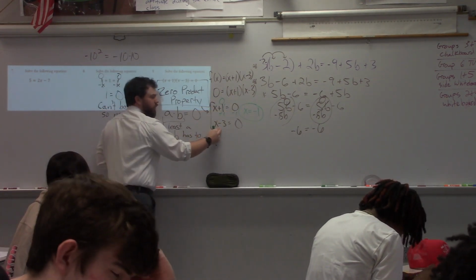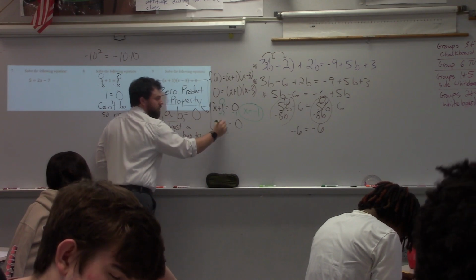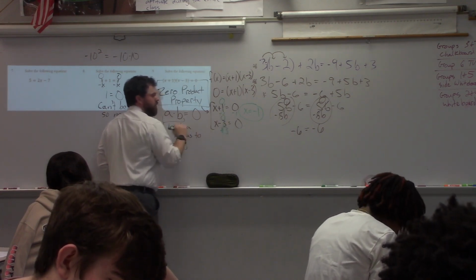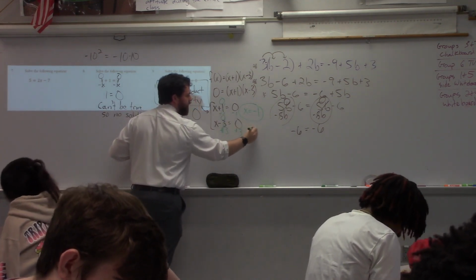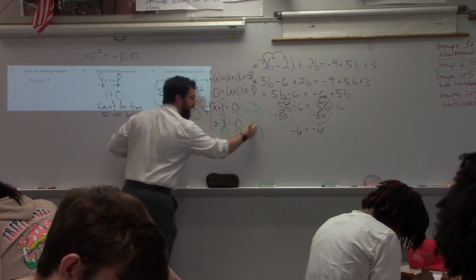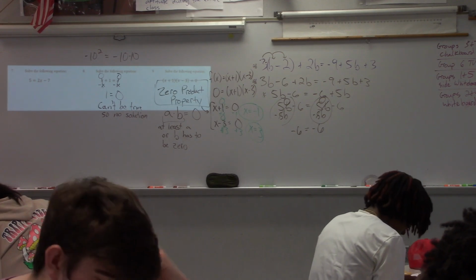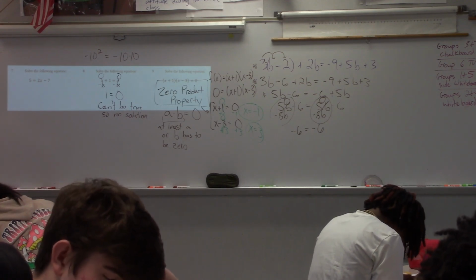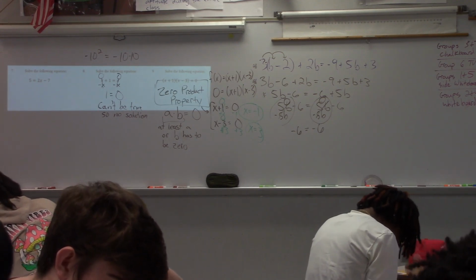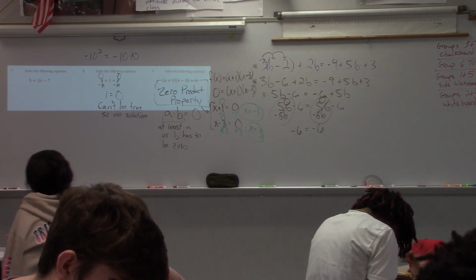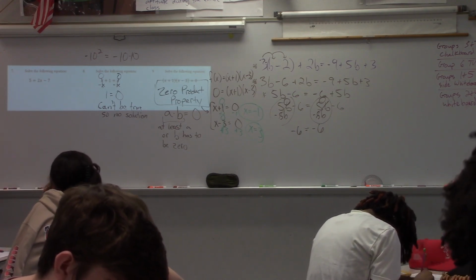What would I do to solve this equation? Add 3. X equals? Do I get the opposite again? Guys, math is not random. It's not 1,000 different rules. It's telling us the same story over and over and over again if we understand it.